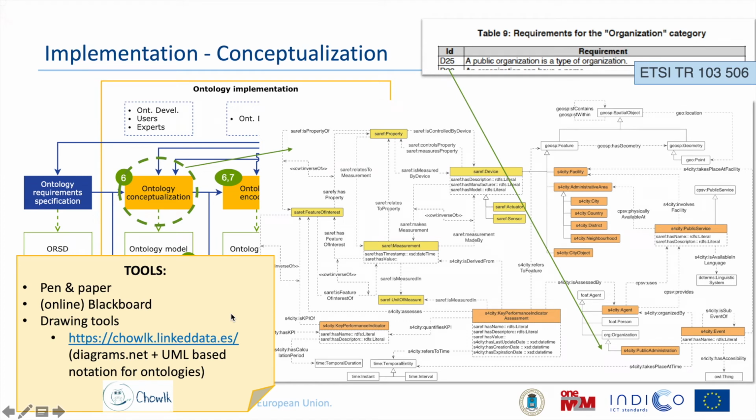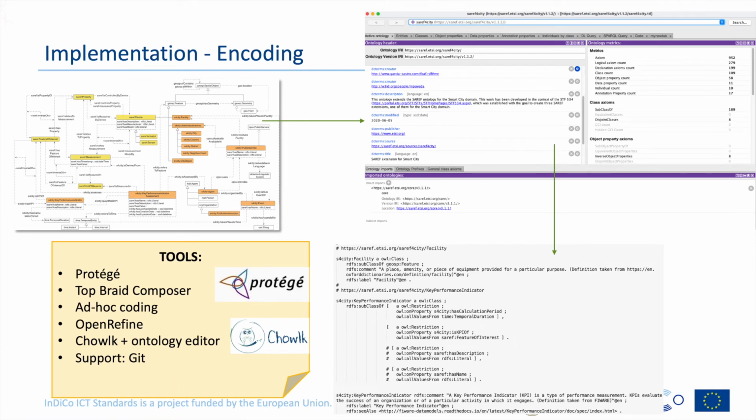Once we have the diagrams and additional actions that we might include in the diagrams or in other documents, we are ready to actually implement the ontology, that is, transforming this conceptualization into the OWL code. For doing so, we normally use ontology editors such as, for example, Protégé or TopBraid Composer or others.